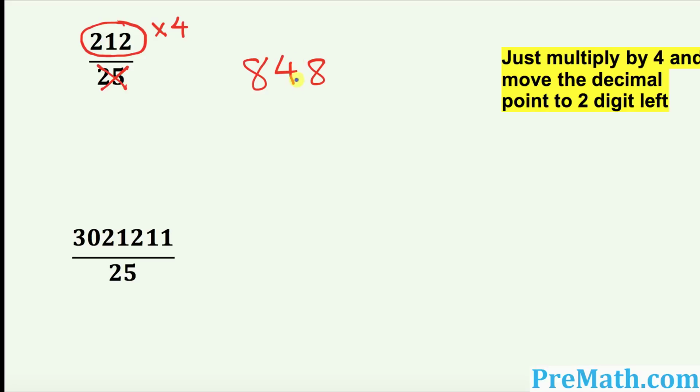So that's what you got. And now in that case, we will be moving our decimal 2 units to the left. So it's going to shift up right here, 2 places. So 8.48 is your answer.